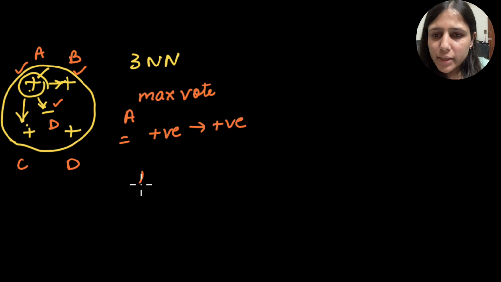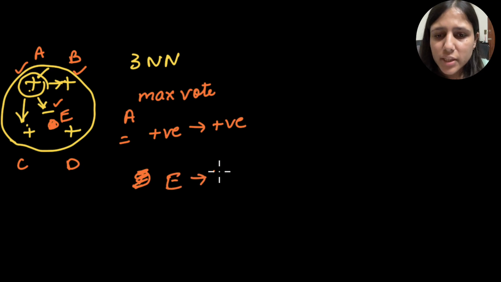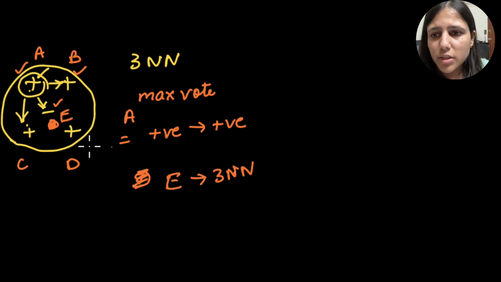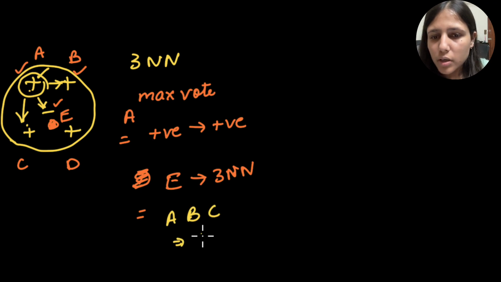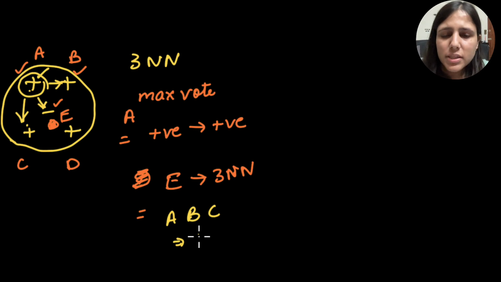Now let me take E. I'll take the E sample, and I have to take 3 nearest neighbors of this. All of them are at equal distance and all of them have the same label. No matter what I choose, all of them have positive label. Suppose I choose A, B, C. Maybe the tie rule given in the question is to take the lowest alphabets if there are ties.